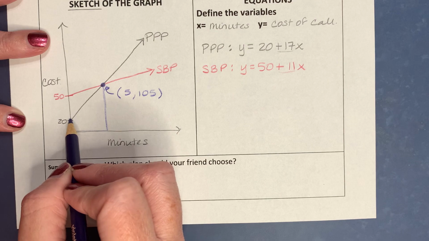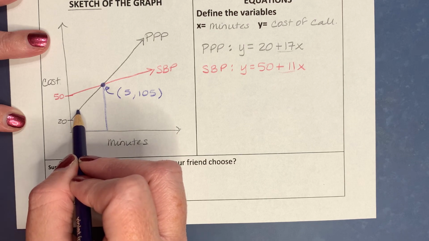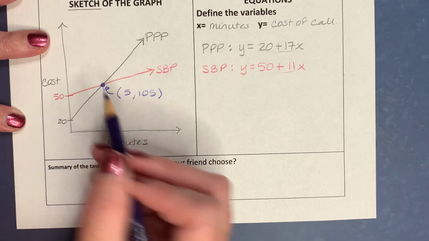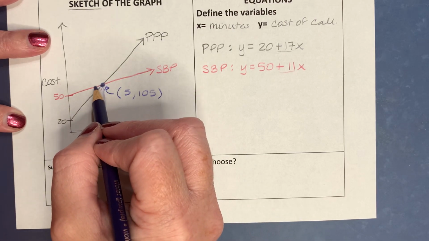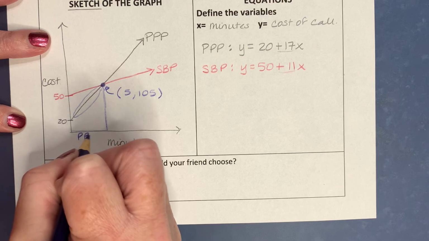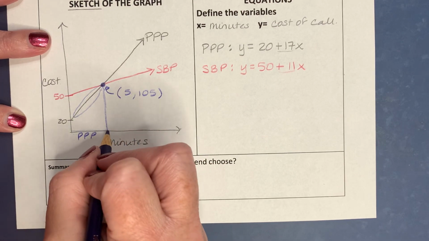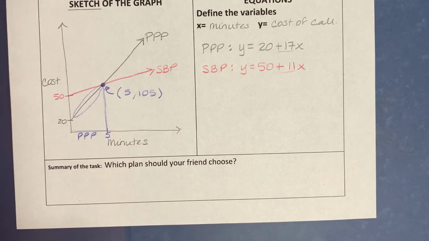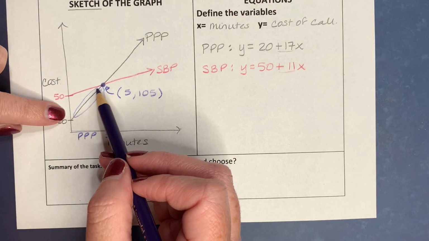Well, I'd rather have 20 cents and 21 cents and 22 and 23 and 40 or whatever. I would rather have PPP if I was going to be less than 5 minutes. Because that is the cheaper company right there.